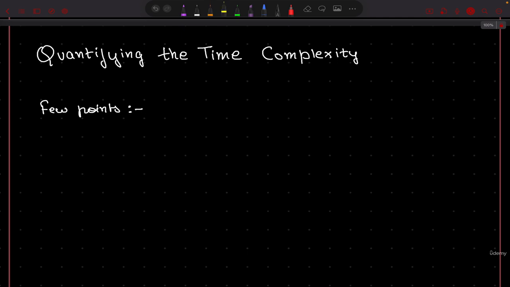So the very first one was that we want to evaluate time complexity when our input is very large.